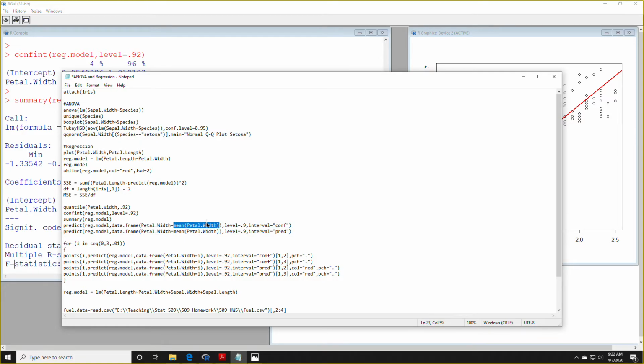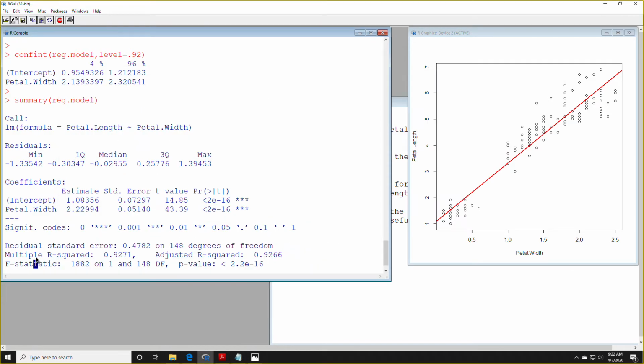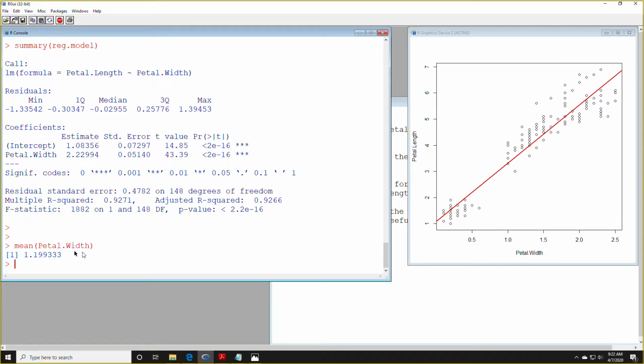Mean petal width, that is the average X value. So I want these intervals to be for when X is the average X. And we can go ahead and see what that looks like. The average petal width is about 1.2. The average petal width is right here. So this is saying I want these intervals to be right here.